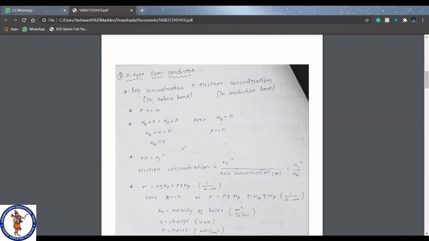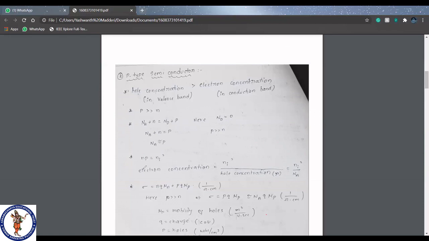Now, if these two points are clear, I will move forward to this important relationship: within a semiconductor bar, the electron concentration times the hole concentration is equal to Ni squared. We know the hole concentration from Na.